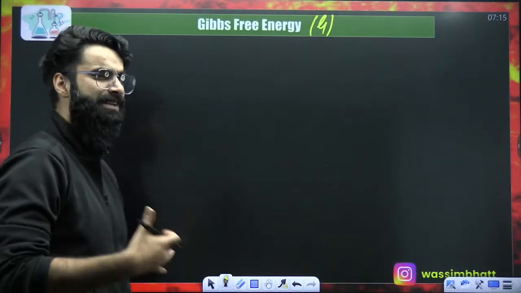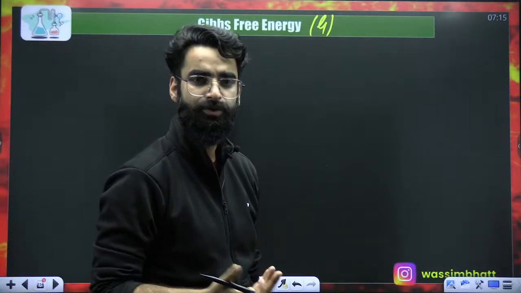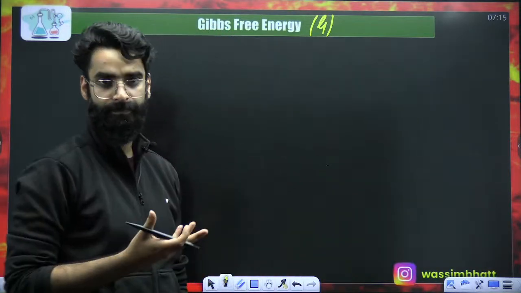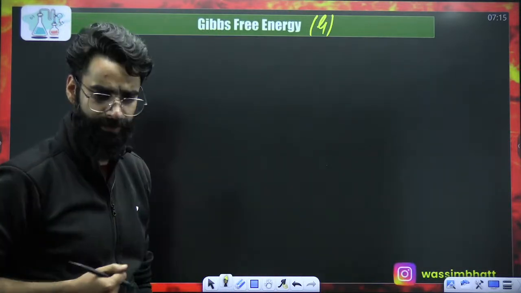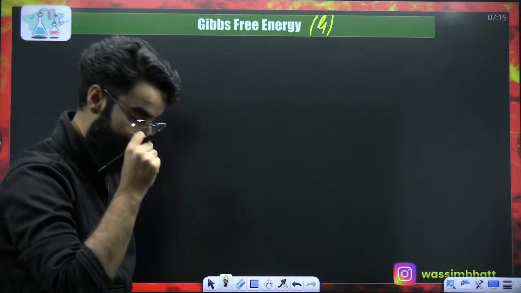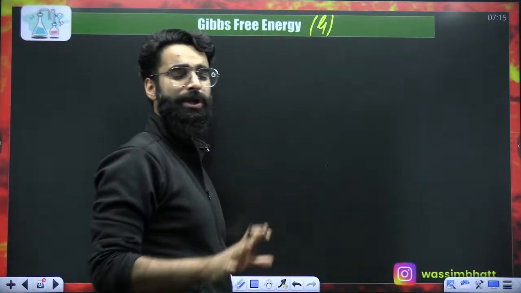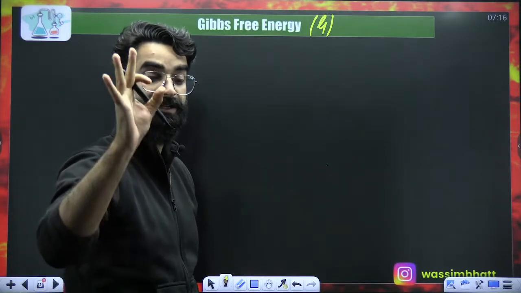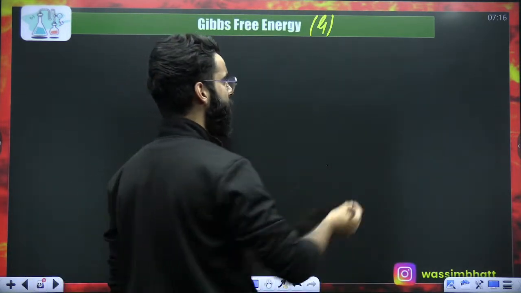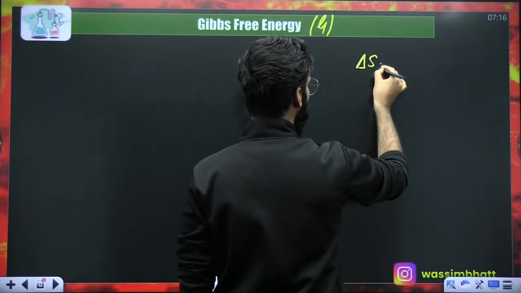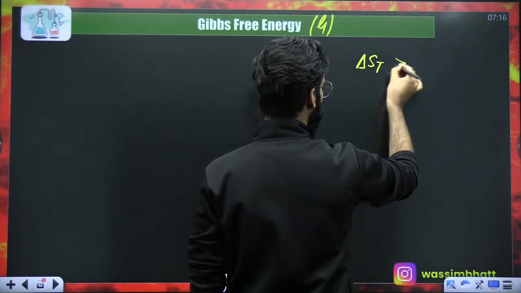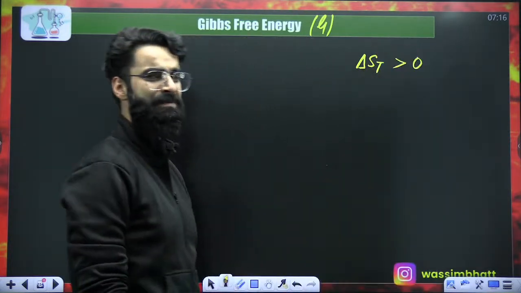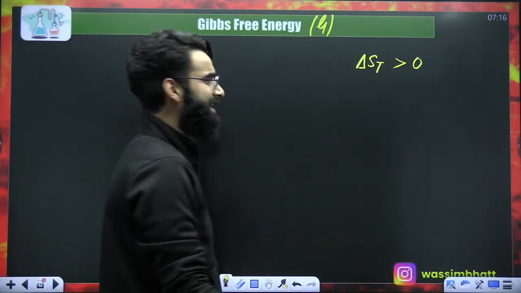My dear students, first of all, what was the need to introduce this new function G? A few minutes back, I told you that in order to check whether a process is spontaneous or not, we have to calculate the value of delta S total. If delta S total is greater than 0, the process is spontaneous. What is delta S total?